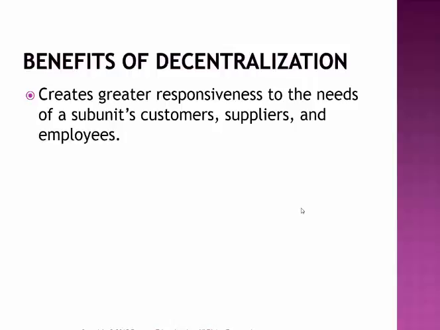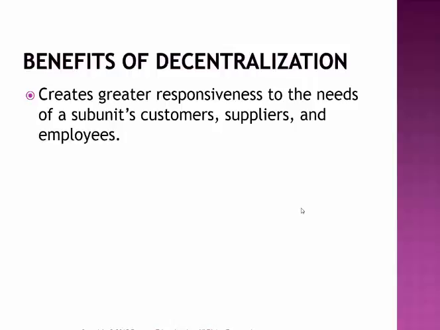Comparing those to top managers, subunit managers are better informed about their competitors, their suppliers, their employees, as well as about local factors. And we'll talk here in a few minutes about not just the local factors when we're talking about subunits in the United States, but what about multinational corporations that have subunits all around the world?